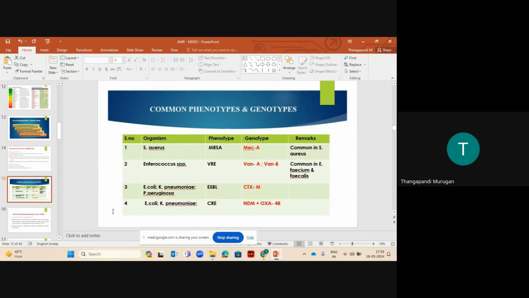Okay, we have spoken about so many things about antimicrobial resistance. Here we can see the genotype, which is not exactly done for every patient in India, but you can have some knowledge about which resistance gene can be the reason behind a particular multi-drug resistance.